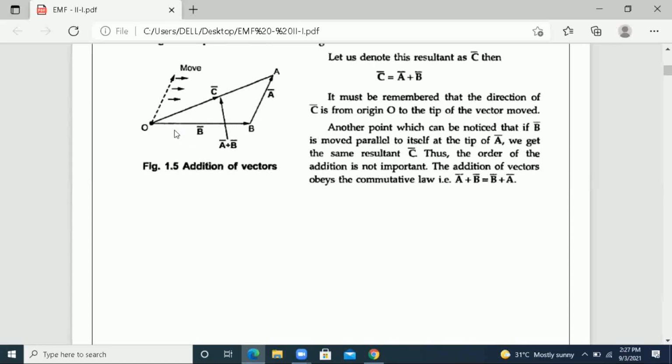It's called a commutative law. Vectors obey the commutative law. So vector A plus vector B is equal to vector B plus vector A.